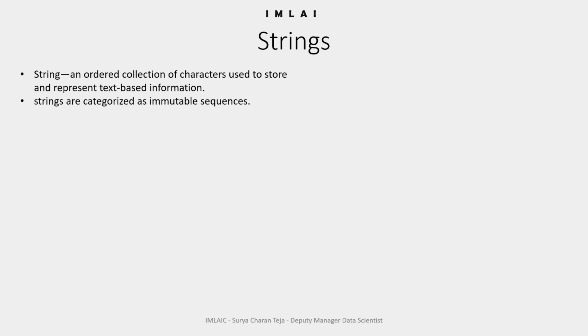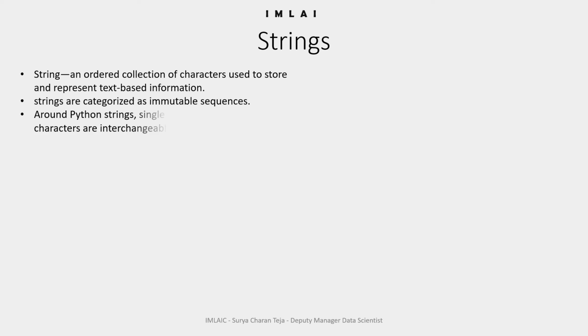Strings are categorized as immutable sequences. We will discuss going ahead what is mutable and what is immutable, and what all types come under mutable and what all types come under immutable. We'll discuss everything. You don't need to worry. Just relax and follow the session.